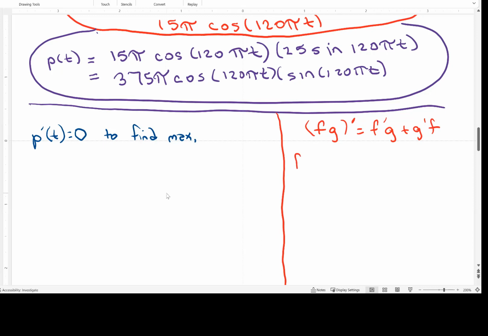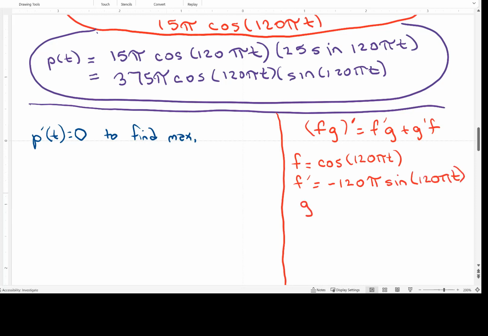I'm going to first say that my function f is equal to the cosine of 120 pi t. And then I'm going to take the derivative of that, which is equal to the negative sine, minus 120 pi times the sine of 120 pi t.